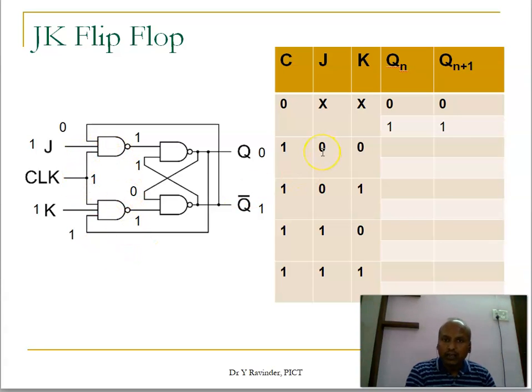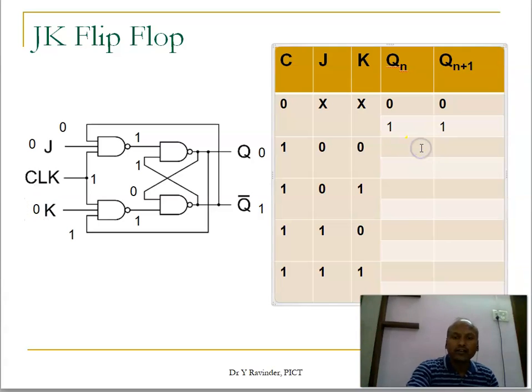Now I am making this 0 and this is also 0. When both are 0, again I understand that this is 1, this is 1. So again the 1, 1 condition for an SR flip-flop is no change. So if this is 0, it will remain 0. If this is 1, it will remain 1.